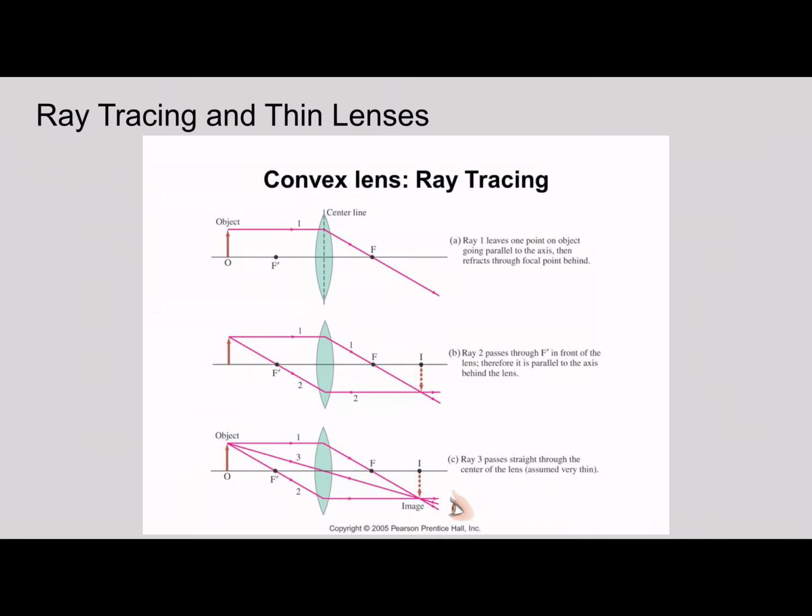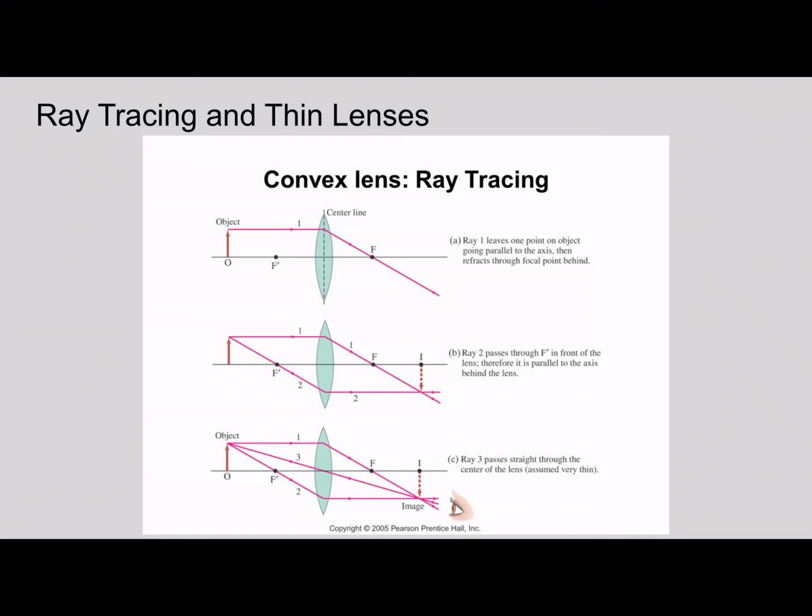So whenever you're trying to determine how an image forms through refraction through a lens, you're going to draw a ray tracing diagram similar to how you would draw this with a mirror, as we discussed in Module 10. So we're going to draw three rays again.